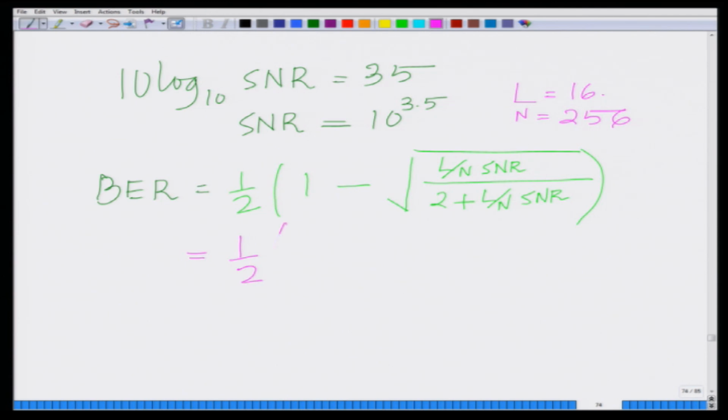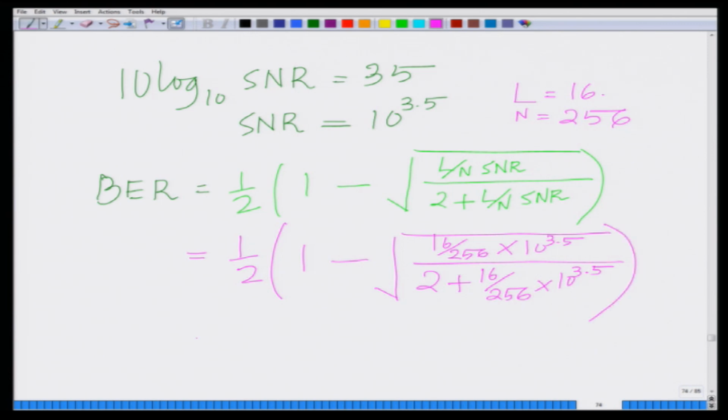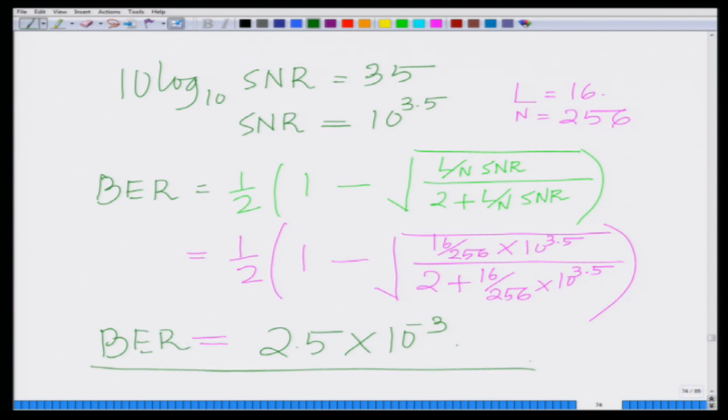So this is equal to half 1 minus square root of 16 divided by 256 times 10 to the power of 3.5 divided by 2 plus 16 divided by 256 into 10 to the power of 3.5, which is equal to 2.5 into 10 to the power of minus 3. So this is the bit error rate of the OFDM system.